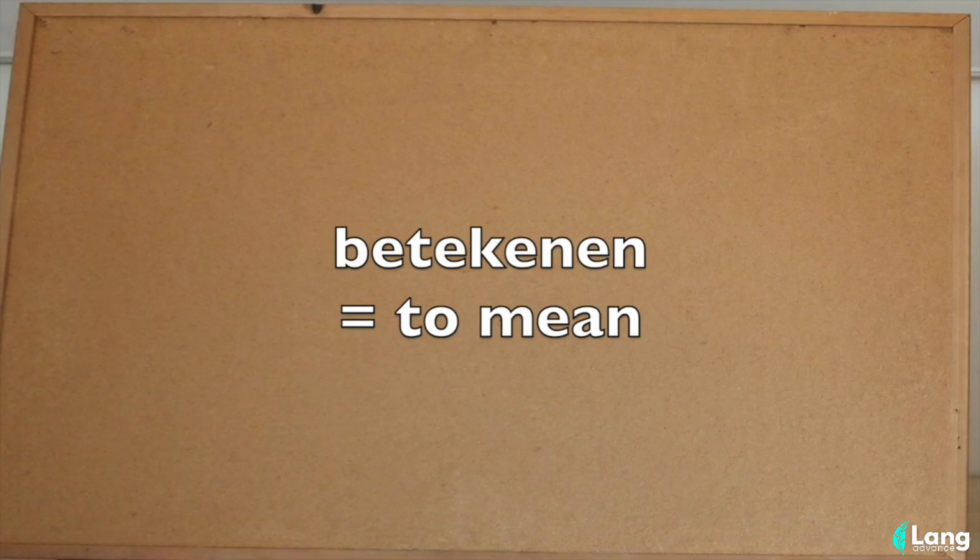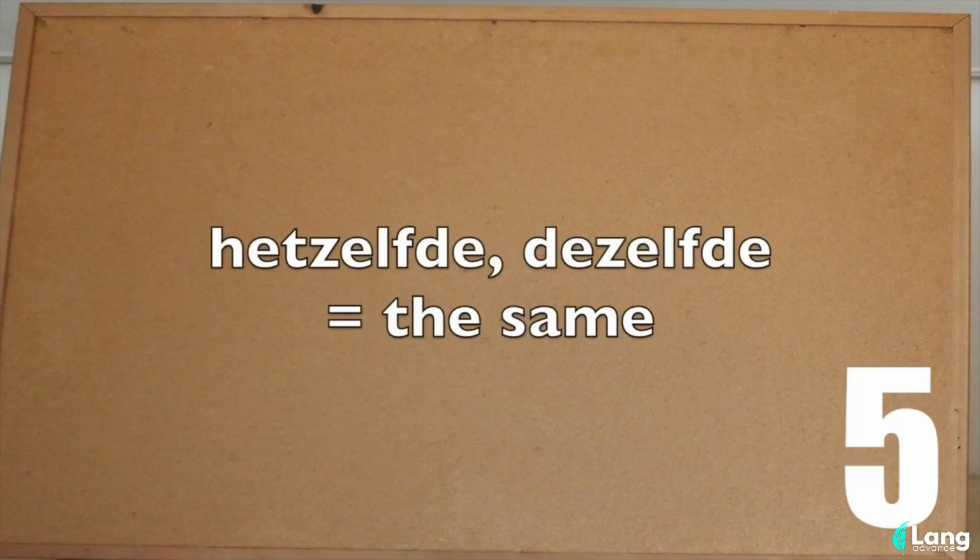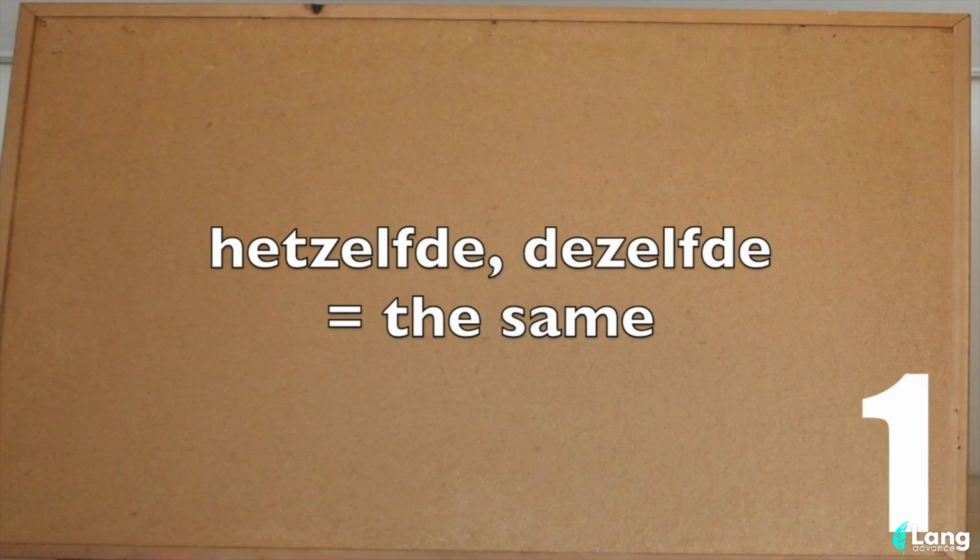Betekenen means to mean. Hetzelfde, dezelfde. Hetzelfde is for the same in a general sense, with the verb, for example, betekenen. And with het words, if it stands with a word het, then it's hetzelfde. And if it's a word that is with de, then it's dezelfde.